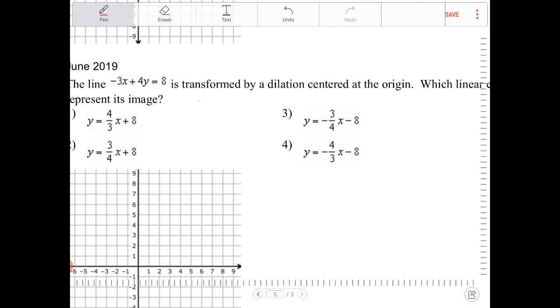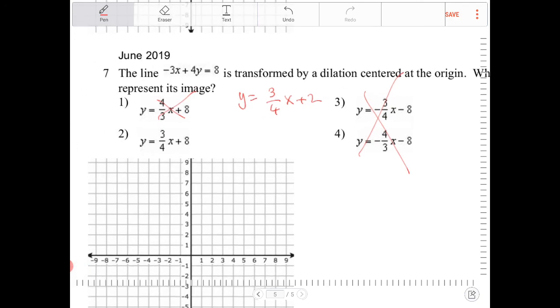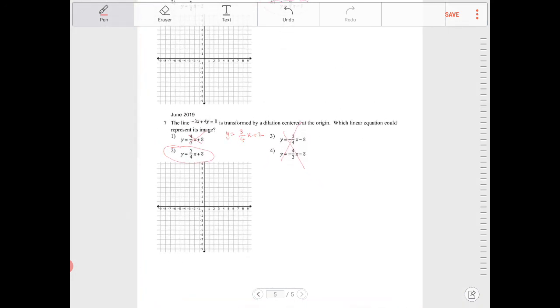However, based on this, I can tell that the equation when I isolate y is 3/4 x plus 2. So I'm looking for a line that has the same exact slope of 3/4. Immediately these things are out of the question, and that's out of the question. So the only one that makes sense is option 2. And that's it.